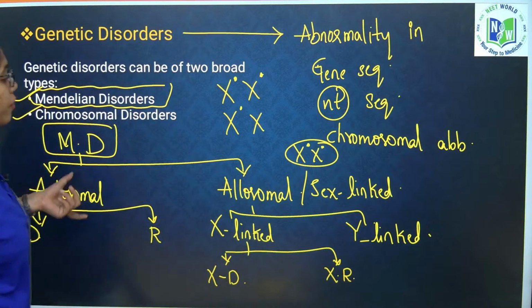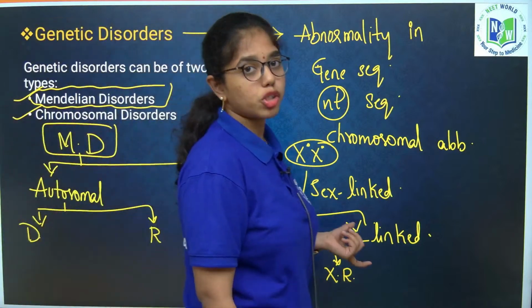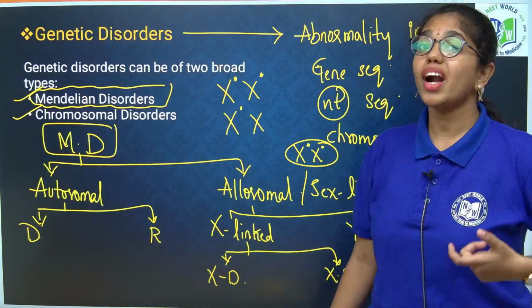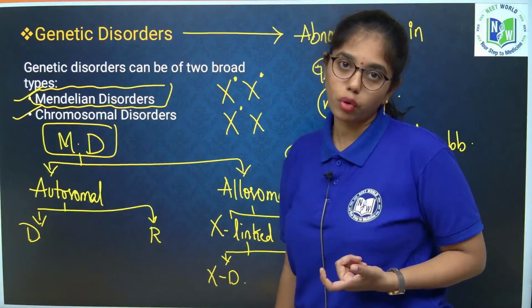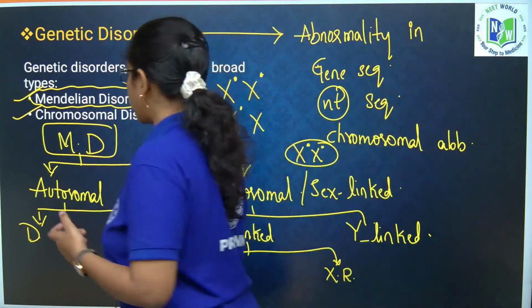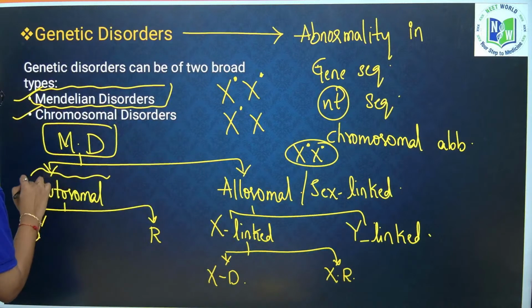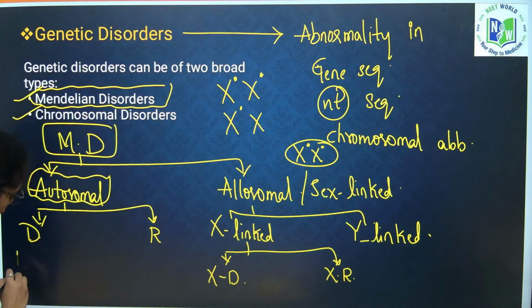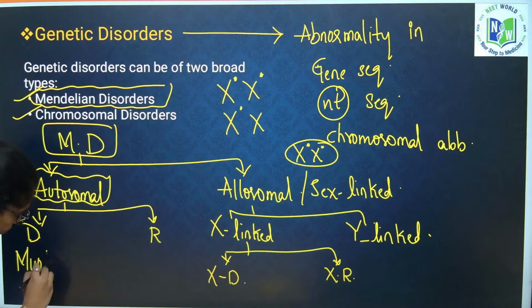And now, amongst all these types of Mendelian disorders, what types of disorders do we need to focus on for our exam? From autosomal dominant, we have myotonic dystrophy.